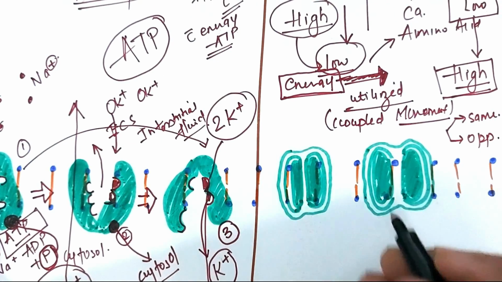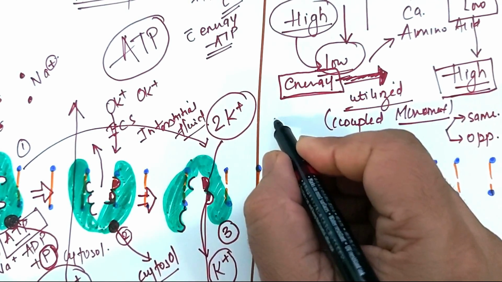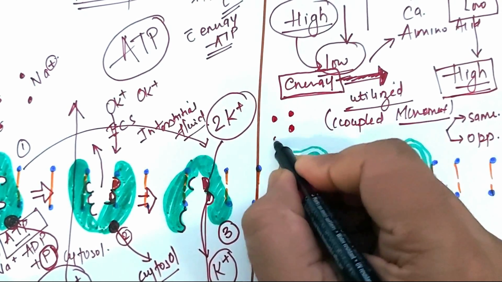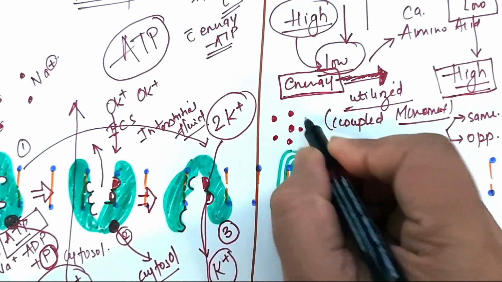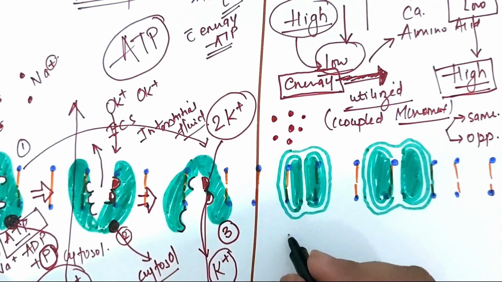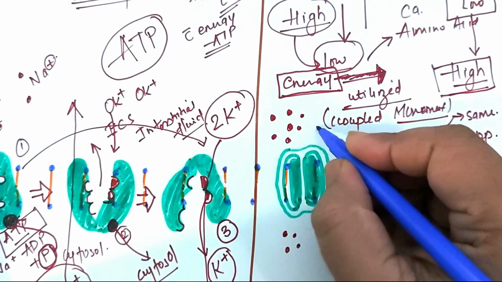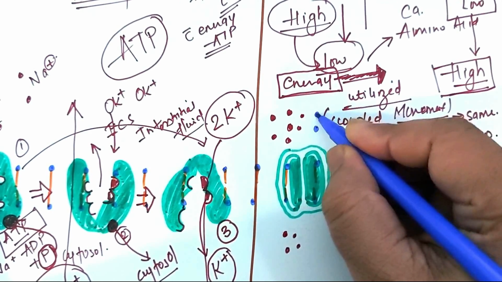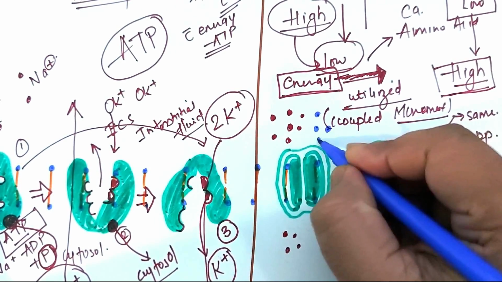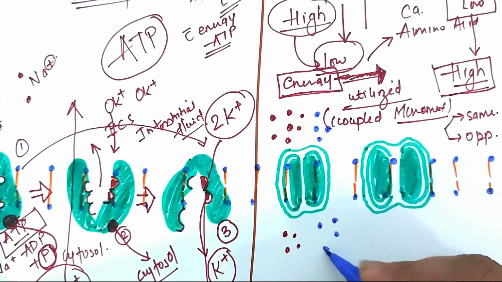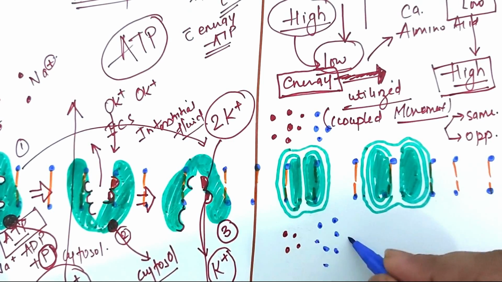Suppose you take an example where sodium is in high concentration here and low concentration here, but a glucose molecule, which is often transported along with sodium, is in low concentration here and high concentration here.